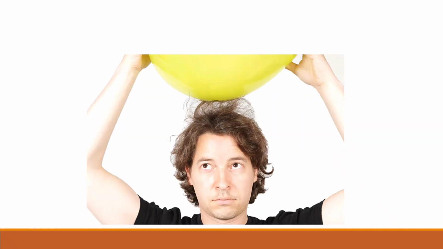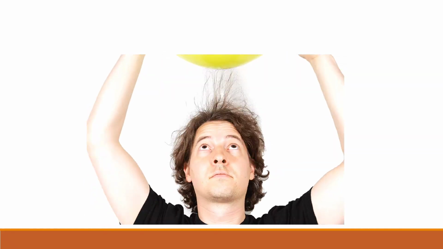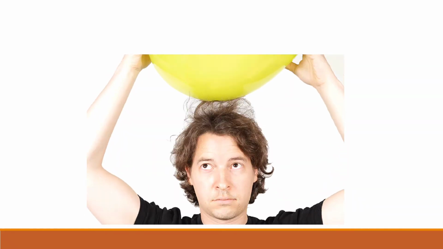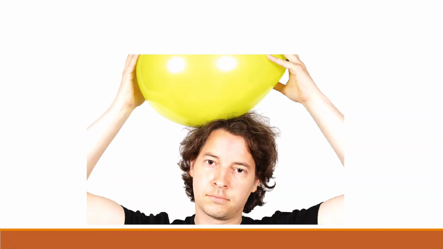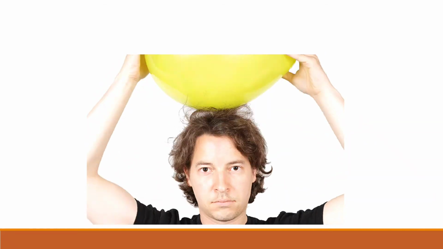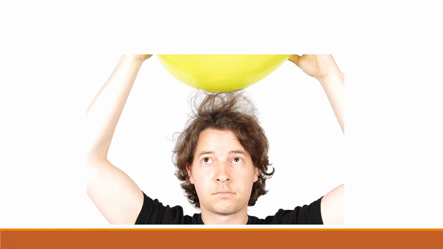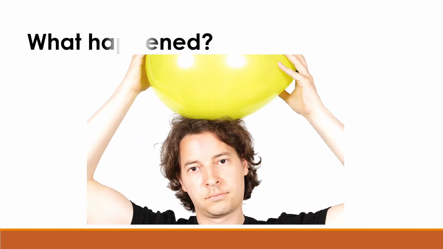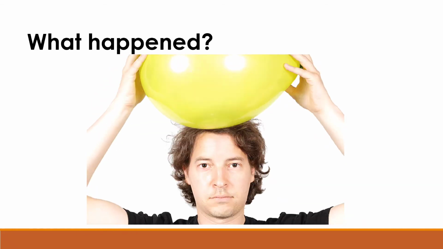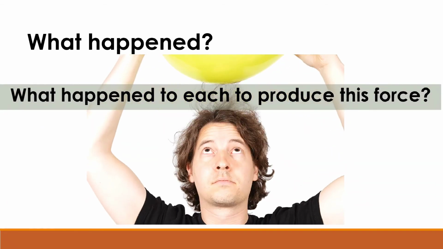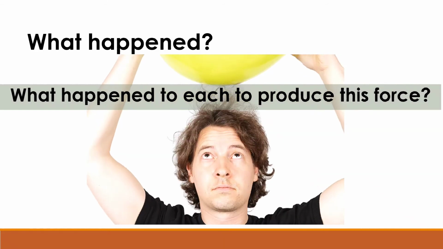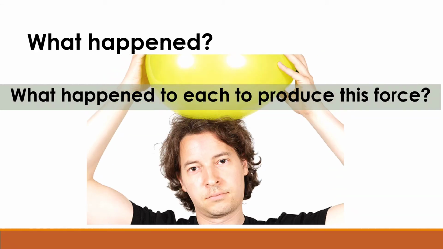For example, in this picture, the boy rubbed the balloon on his hair, and now there is a force of attraction between them. Normally, a balloon and hair would not attract each other. So what happened to produce this force?